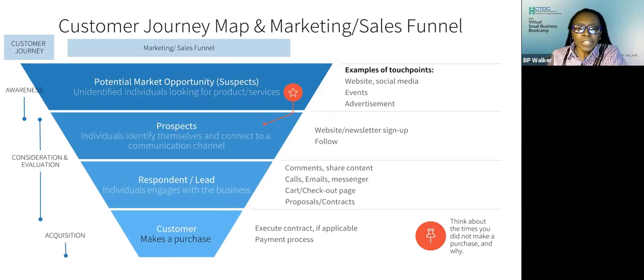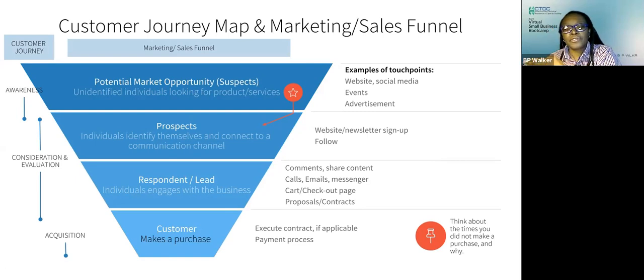Okay. And then the group of people move from being a prospect to respondent or lead, meaning they're interacting with your business in such a way that you're able to qualify them as being a potential customer. So if you're interacting on a social media platform, it's the comments, it's the sharing of the content, they're engaging with you.